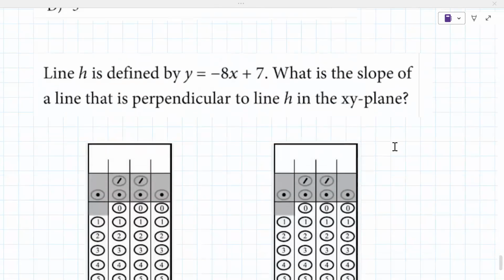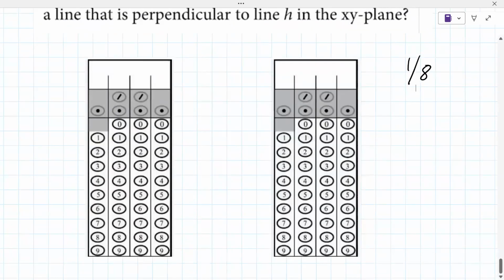So you said 1/8, right? Okay. That's why we're doing this, because sometimes you get the right answer and you don't know how to enter it. One slash 8, but I believe it will also accept, you can start it at any column. So you can actually do this as well.